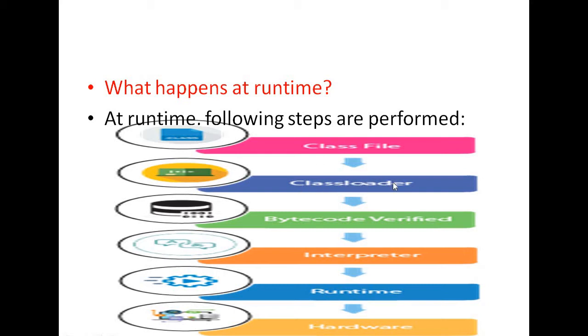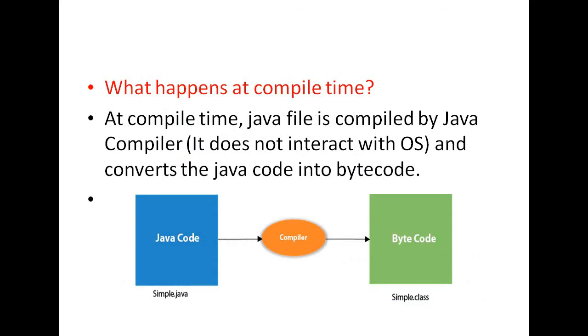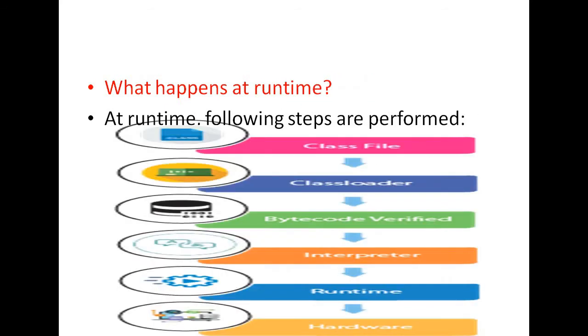We have already discussed these things when the architecture of JVM was discussed. So whenever the simple.class file is found, the JVM, Java Virtual Machine, loads the .class file into memory with the help of the class loader subsystem.